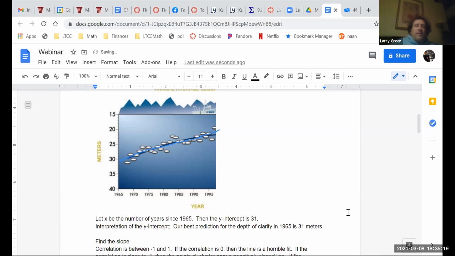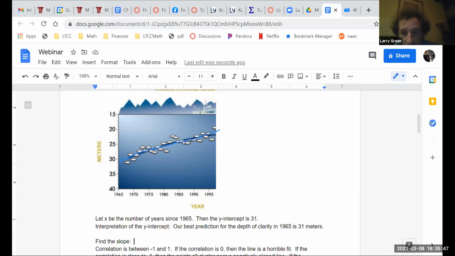So how do we find the slope of a line? Who remembers the algebra way of finding the slope of a line? Three words that you learned in probably middle school. Okay, y equals mx plus b is the equation of the line. And if you remember, m is the slope, but how do you find m?